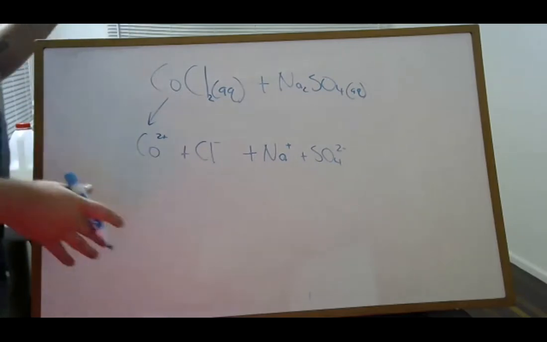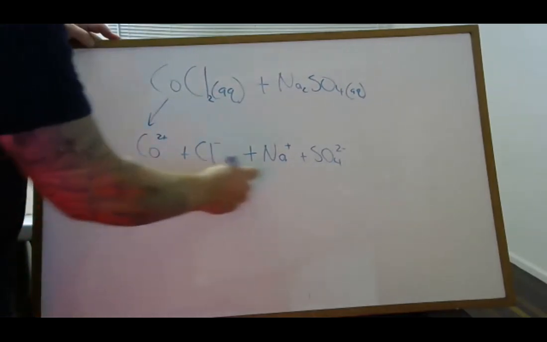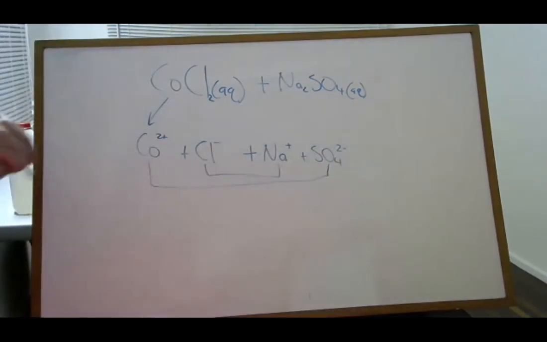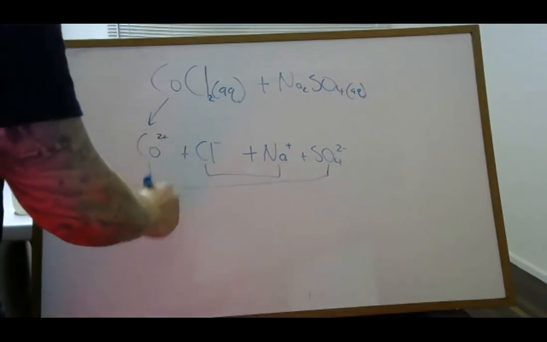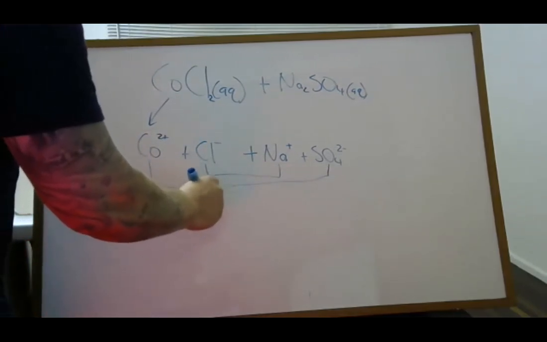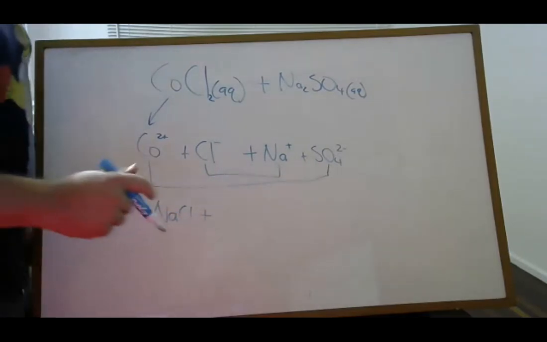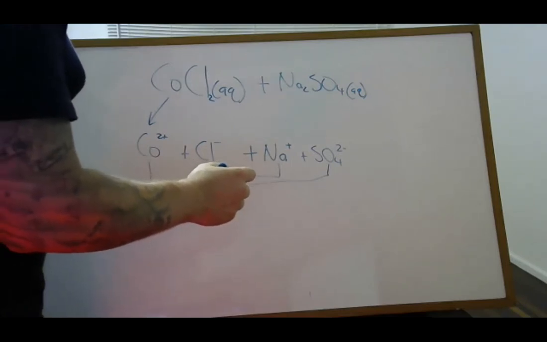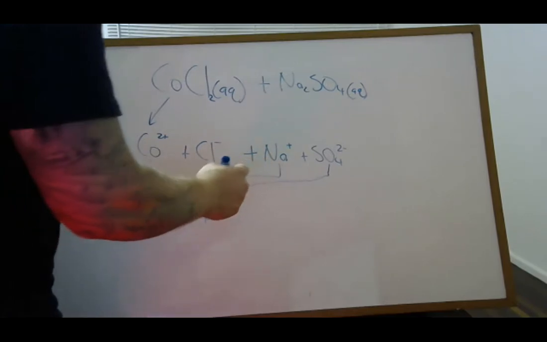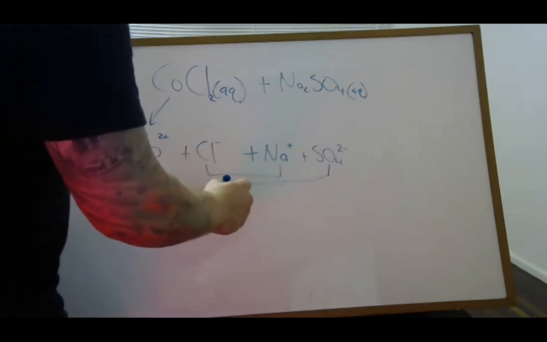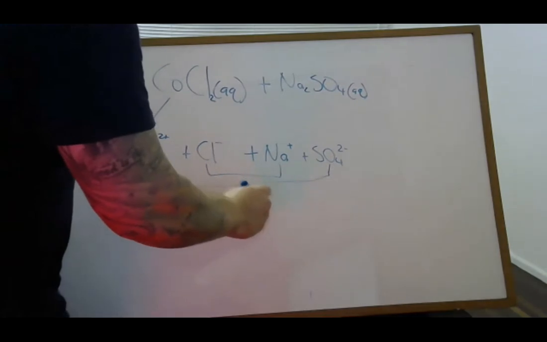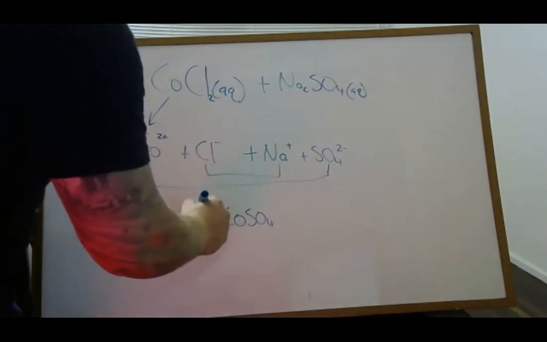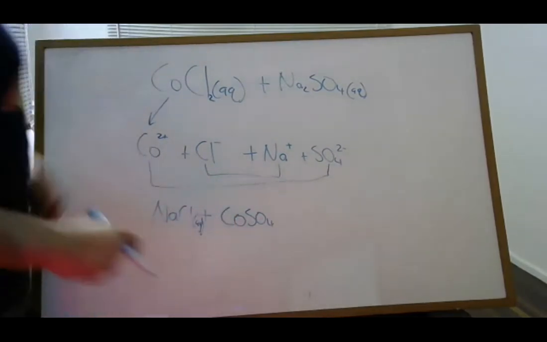They'll do the same thing. They'll switch around. Again, making salt. Very creative examples here. Now sodium chloride is going to be aqueous.